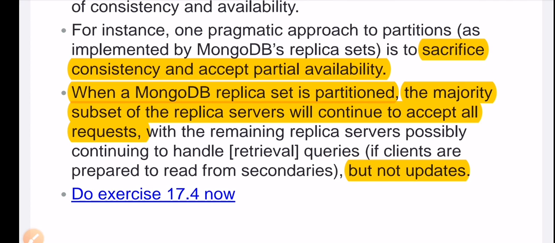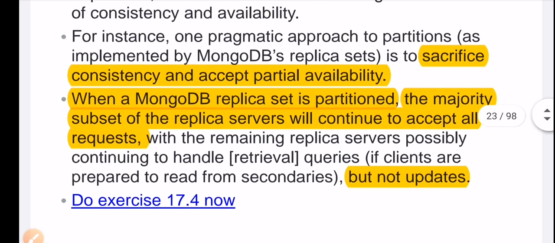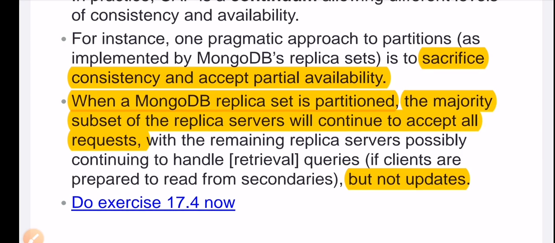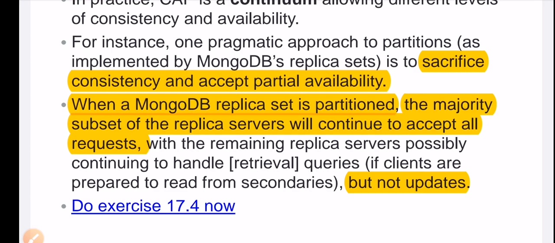Because for retrieval it is very easy to overcome this problem, checking the state of the servers after we resolve the network partition. But if we make updates, then we will have a big problem, and we need to manage things, which is really difficult.